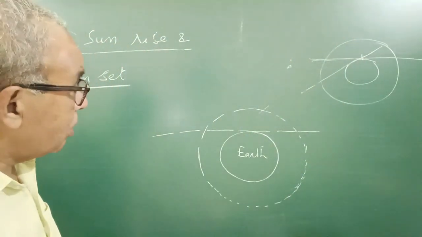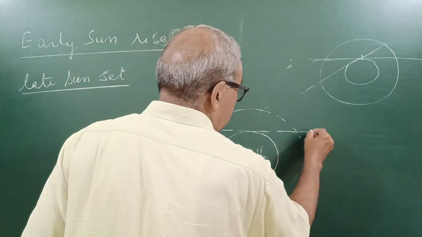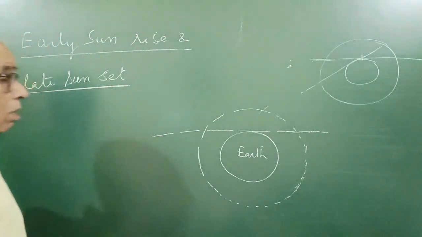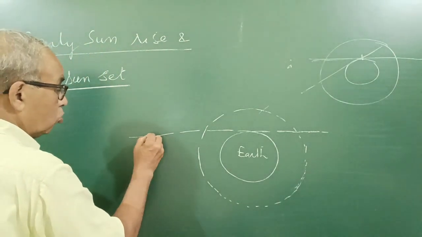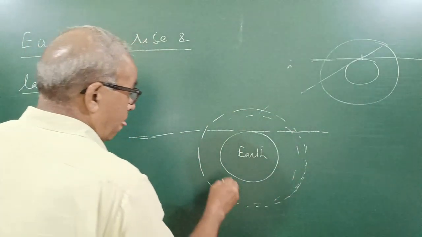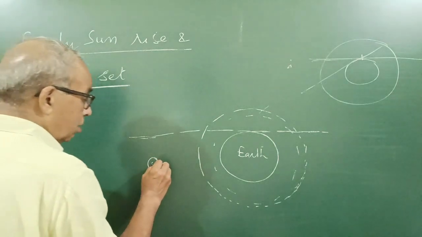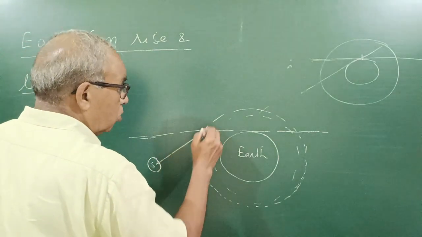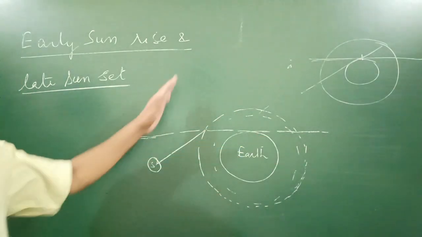But generally at the time of sunrise, you see there is much light on the surface before the sun has risen. Why is it? Because of the atmosphere. This is the atmosphere. So the sun is here. Light comes like this, and the density of air increases from top to bottom.